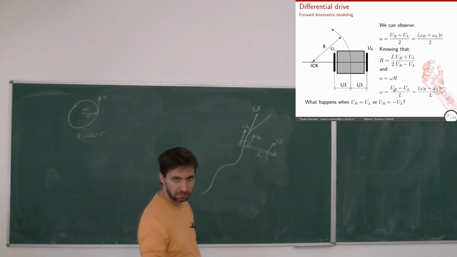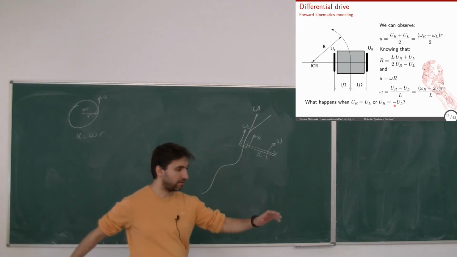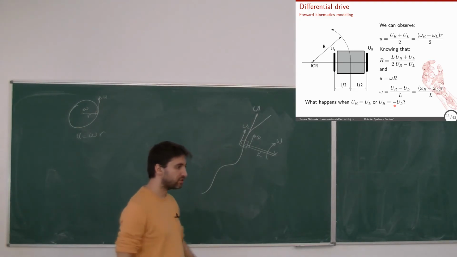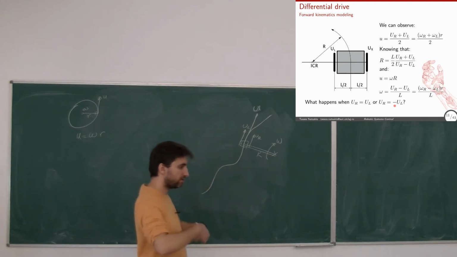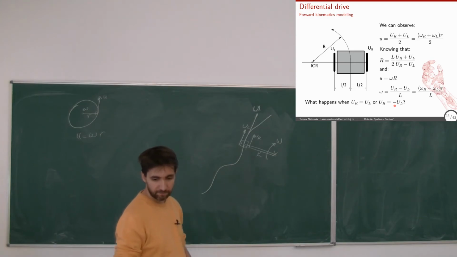You see? Which is what we expect. The thing will just have angular velocity, will have no linear velocity, and the center of rotation will be in the center of the robot.